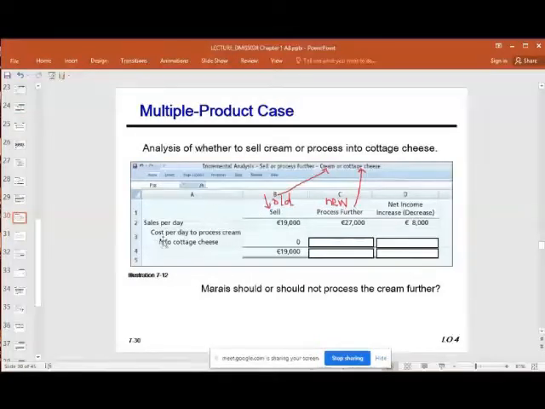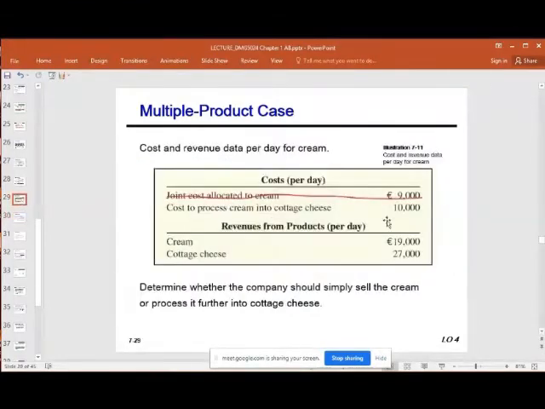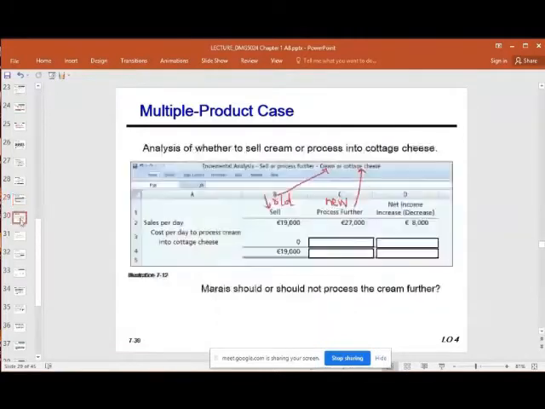Next, cost to process cream into cheese. If you sell cream, you don't need to process into cheese. That's why it is 0. But if you process further to cheese, just now it says that it is 10,000. Do you see up here? So this is 10,000.